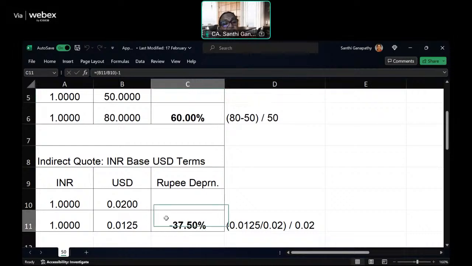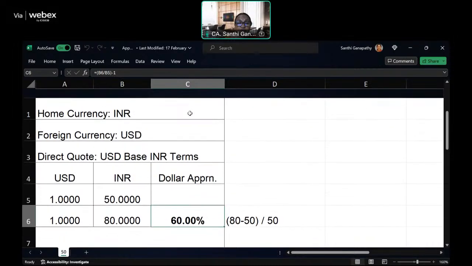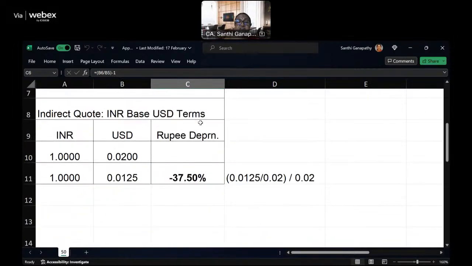Now you look at the depreciation: it's only 37.5%. So a 60% appreciation in the dollar is only a 37.5% depreciation in the rupee. The appreciation or depreciation in one currency in a currency pair will not be equal to the depreciation or appreciation in the other currency. Is this point clear?